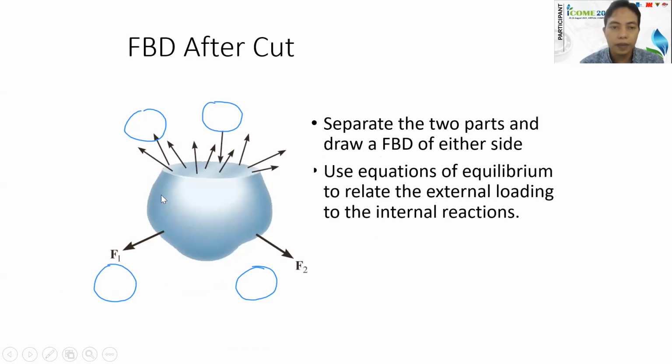After we cut this section, we can find that there are many internal forces working on that surface. And the direction can be any, can be upward, downward, and any direction.